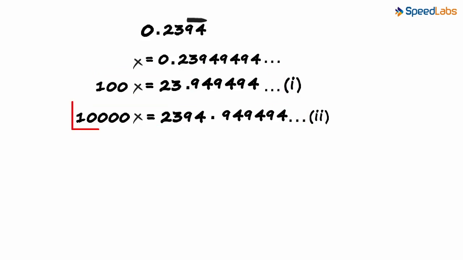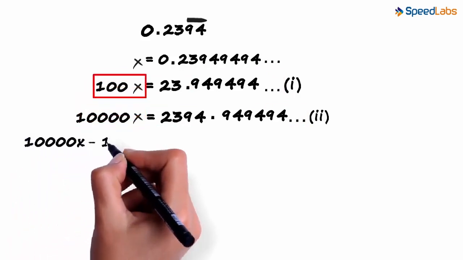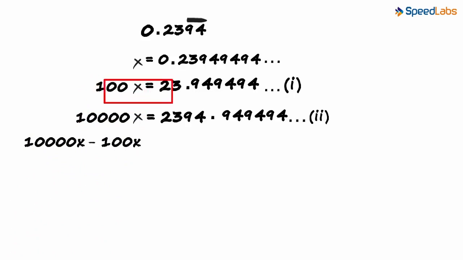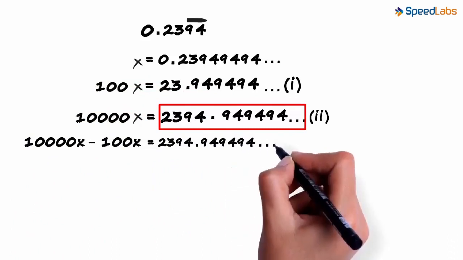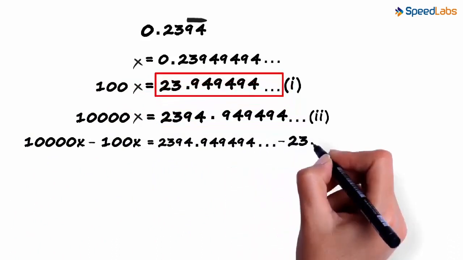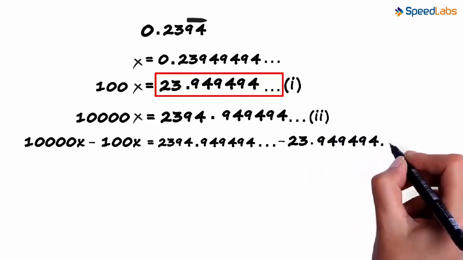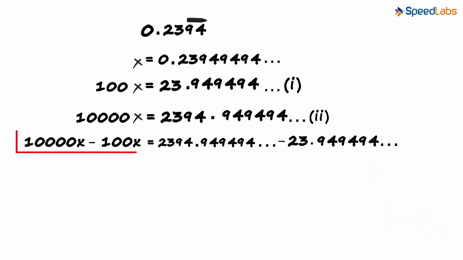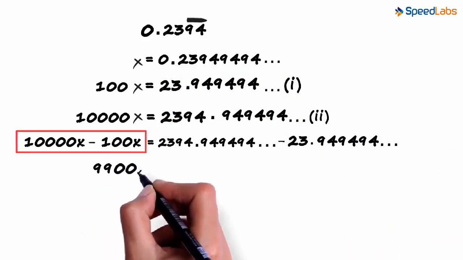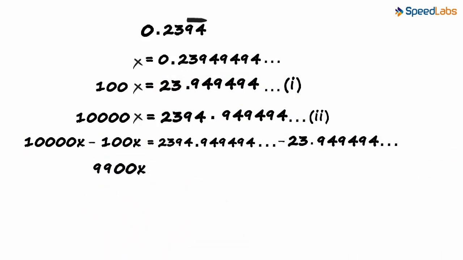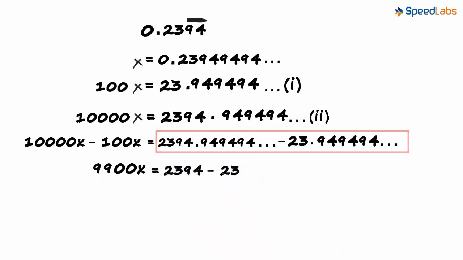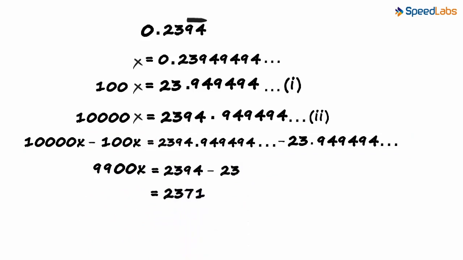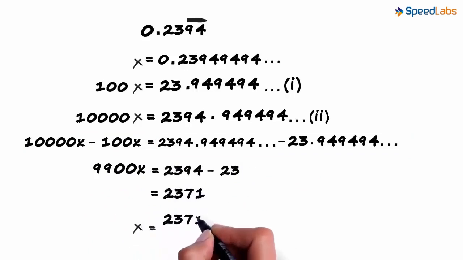The left-hand side would equal 10,000x minus 100x, and the right-hand side would equal 2394.949494 and so on, minus 23.949494 and so on. The left-hand side would equal 9,900x. Since the decimal part is the same, the right-hand side would equal 2394 minus 23, which equals 2371. So x equals 2371 by 9,900.